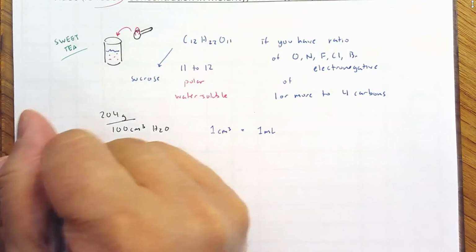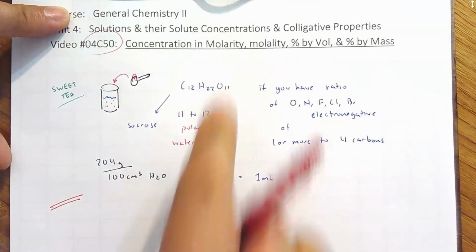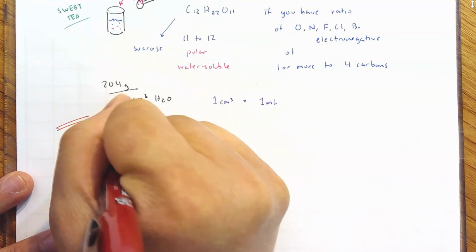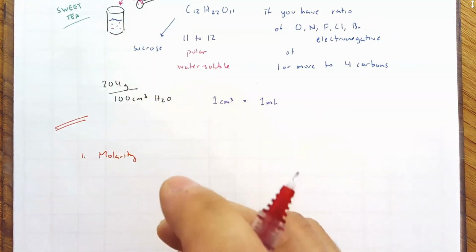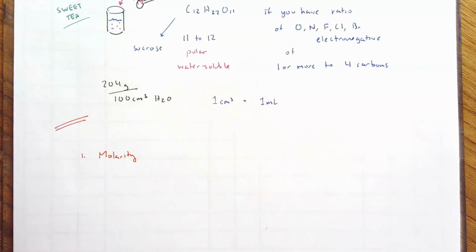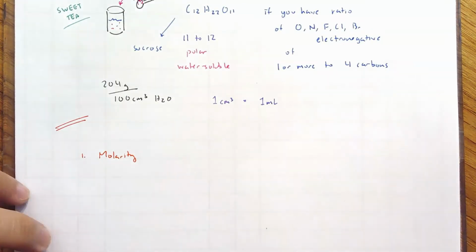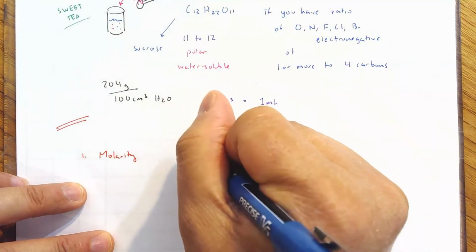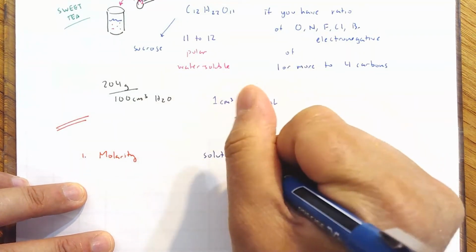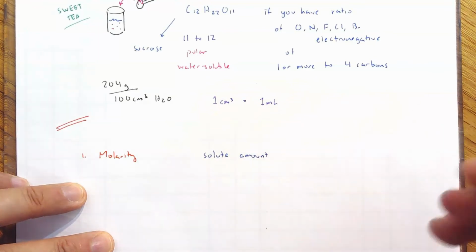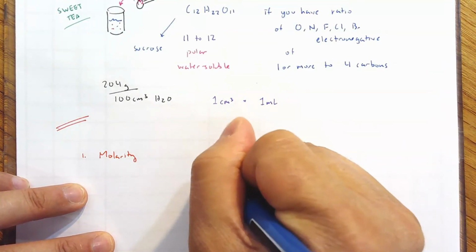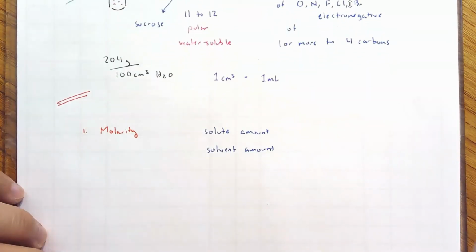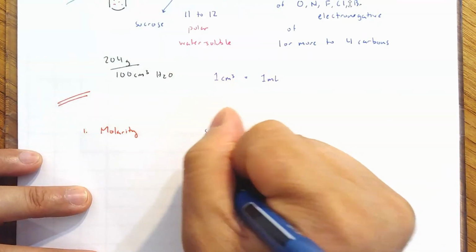First type of concentration units, molarity. We'll call this number 1, molarity. We need amounts of solute and amounts of solvent. But before we get to these different types of concentration units, let me specify, because not only do we have the amount of solute that we would need to know, we may want to know the amount of solvent, but some of these units actually depend on the amount of solution, which is different.